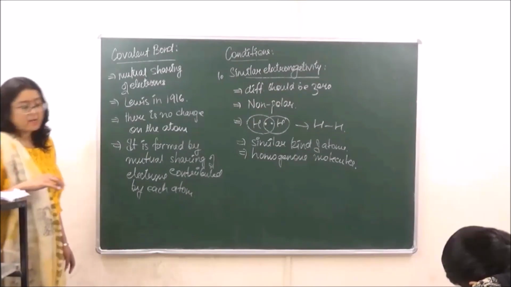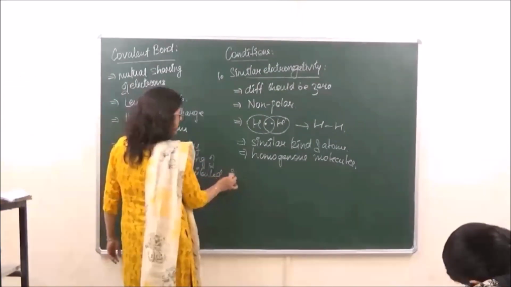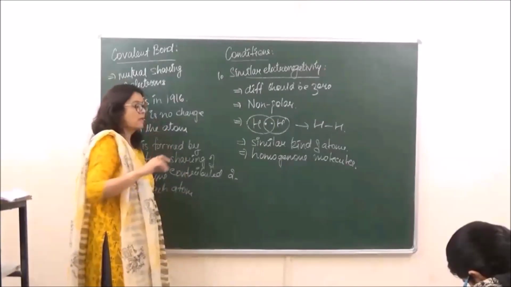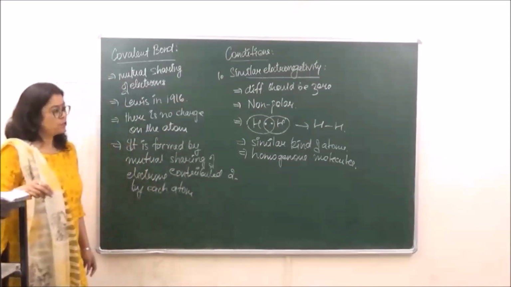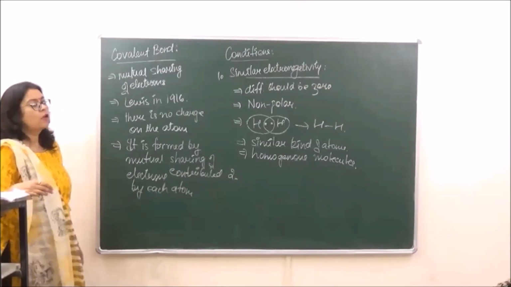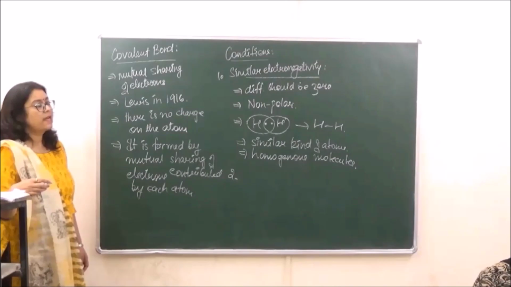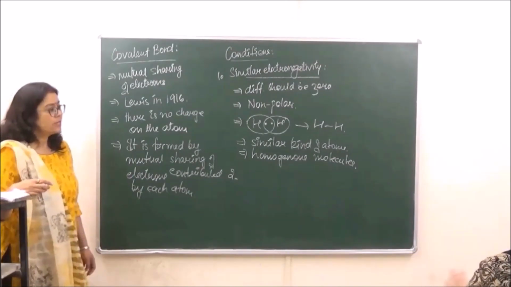Now the second reason is that bond formation will take place in order to attain a stable octet. This we have already studied. In order to attain the nearest noble gas configuration, the atoms get bound to each other.